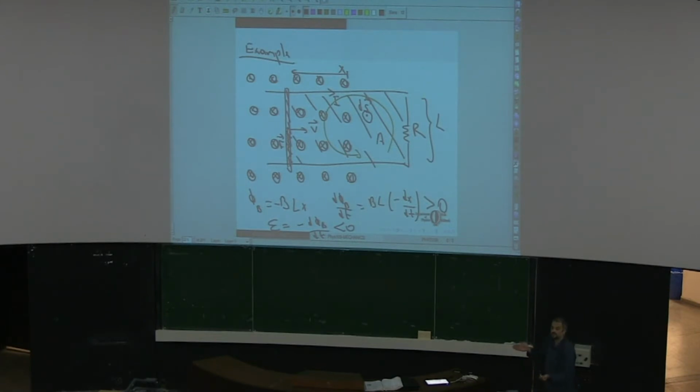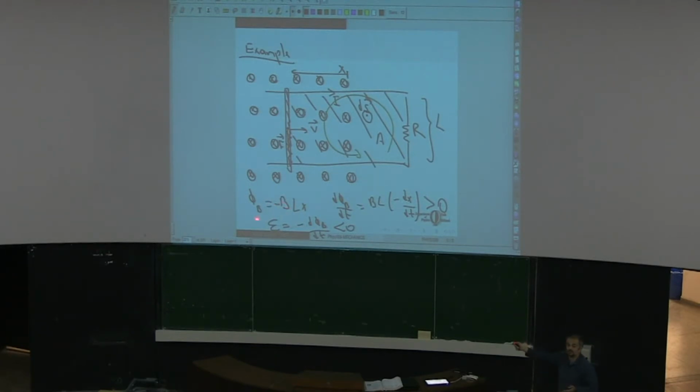But if a magnetic field line passes from this side to the other side, it will contribute negative to my flux. Here all the magnetic field lines are passing from this side to the other side, so they are all contributing negatively to my total flux. That is why I put a minus sign over here.